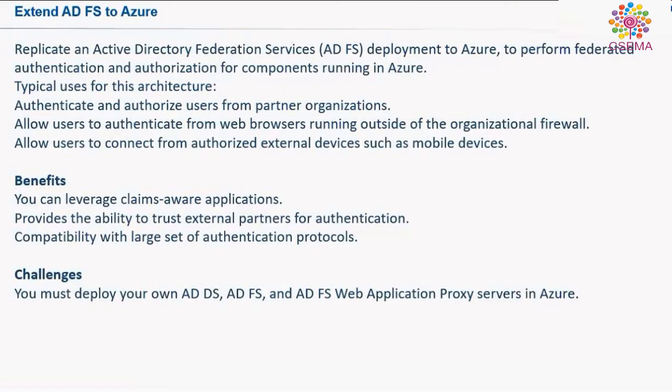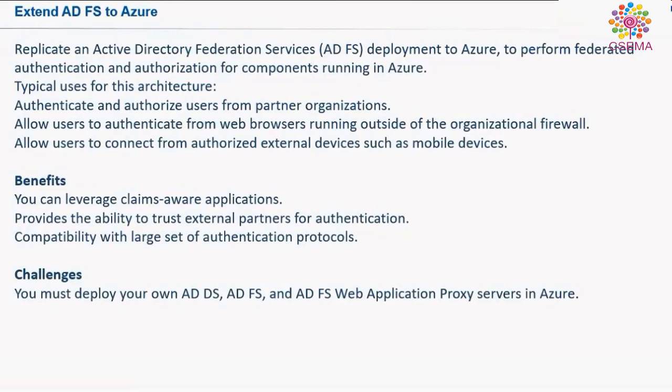So you can leverage claims-aware applications, and provide the ability to trust external partners for authentication, with compatibility with a large set of authentication protocols. These are some of the benefits you gain by doing this. You must also deploy your own ADDS and ADFS web application proxy servers in Azure. So that's an additional overhead cost as well as administration overhead to think of.